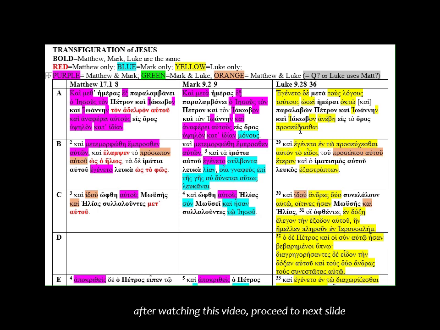Now, in the big picture, other things we find interesting are instances where Matthew and Luke agree over against Mark. And we see here these parts in orange. There are just a few little things; we'll see more further down in a moment. Those are the things that Matthew and Luke didn't get from Mark.